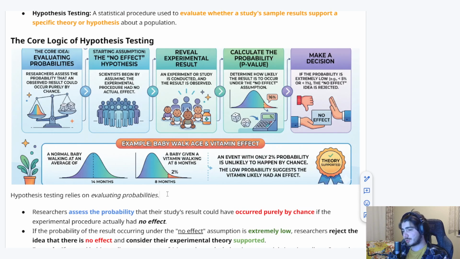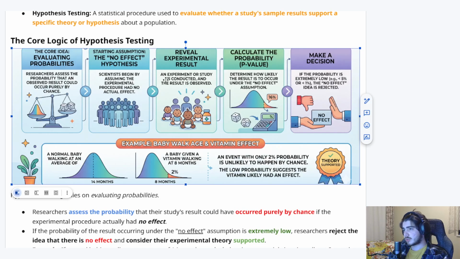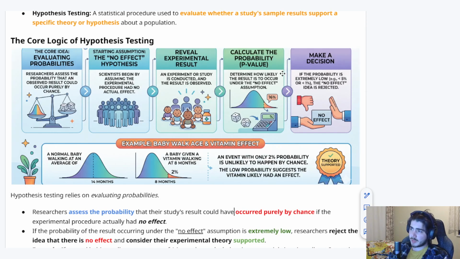That would be your null hypothesis or your H0. You then do the experiment and then you check out the results. You calculate the probability, or the p-value, and determine how likely the results would occur under the no effect assumption.